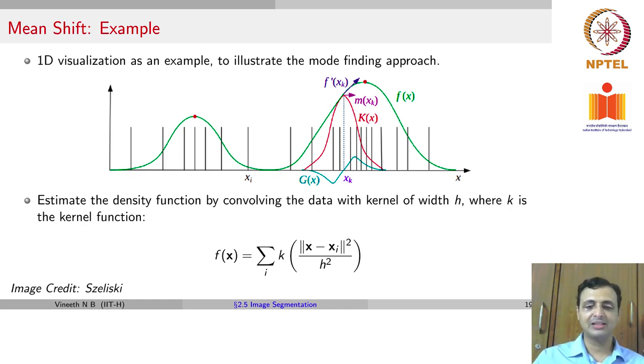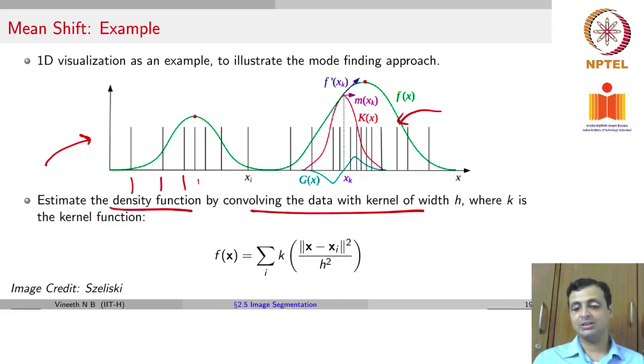So remember once again that this is a one-dimensional signal which can be extrapolated to an image as a 2D signal. The way we would estimate this function is we would convolve the data. Let's assume that you have observations given by these impulses here. You can see those vertical lines. Those are your observations that are given. So you would estimate your density function f, which is what we want to estimate, by convolving your data, your observations, with some kernel of width h.